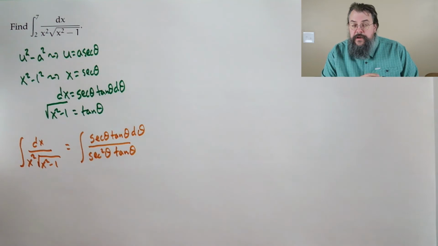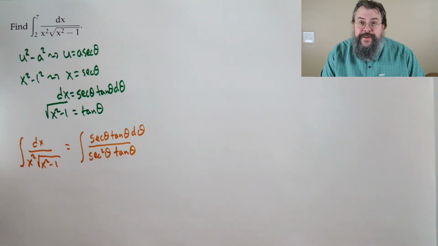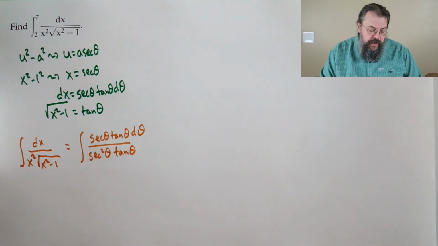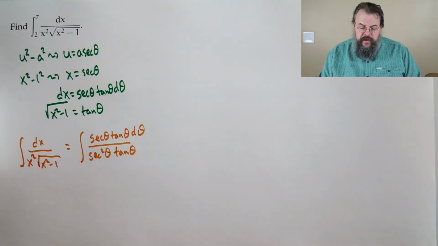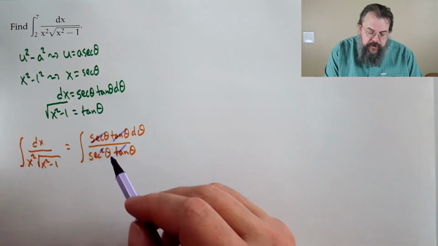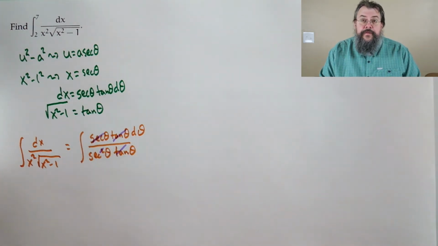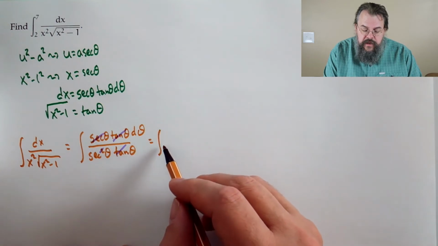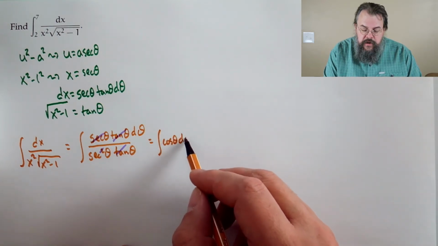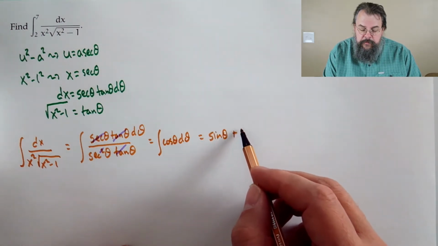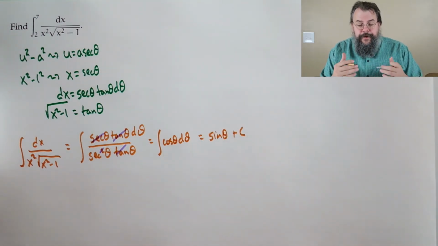Whoa, wow, look at all these cancellations. We can get a tangent to cancel, which is nice. We can also get a secant to cancel, which is nice. And so what we're left with is 1 over secant. Well, that has an even nicer way to write it. 1 over secant is cosine. All right, well, we can integrate cosine. That becomes sine.